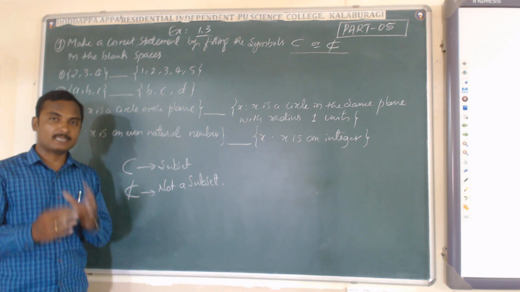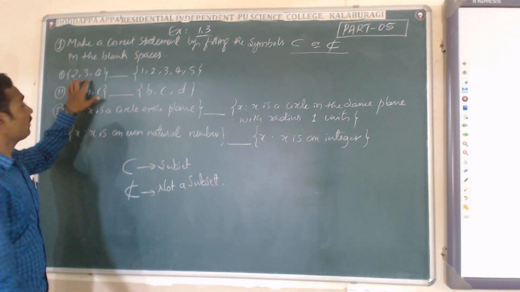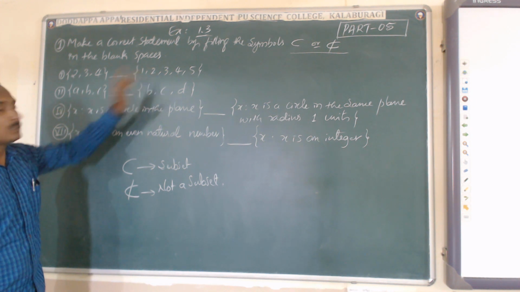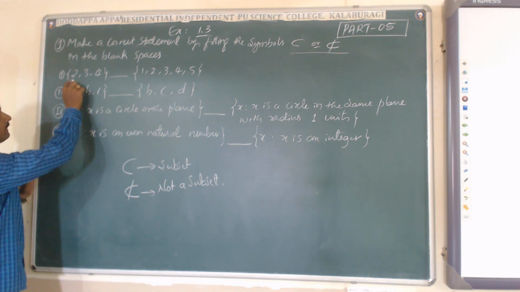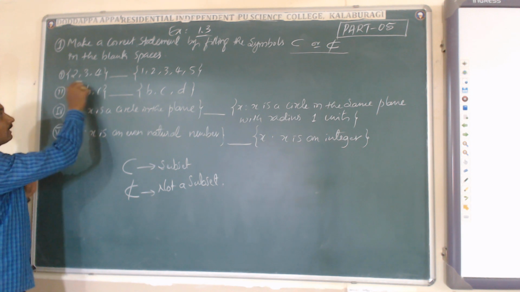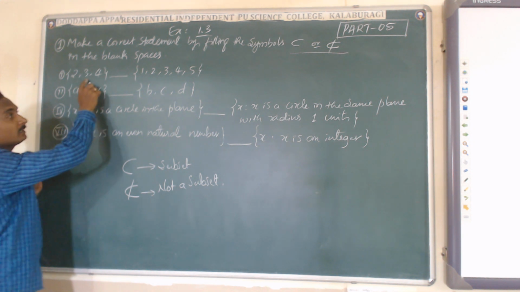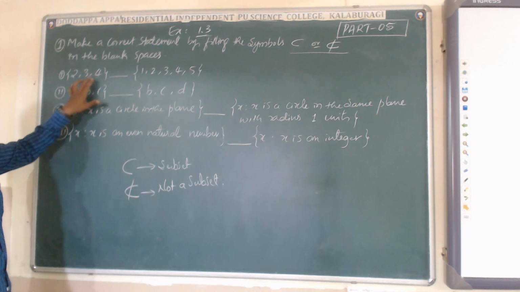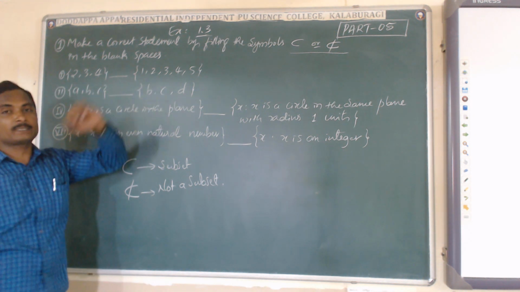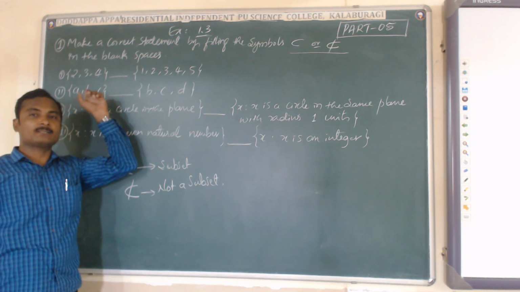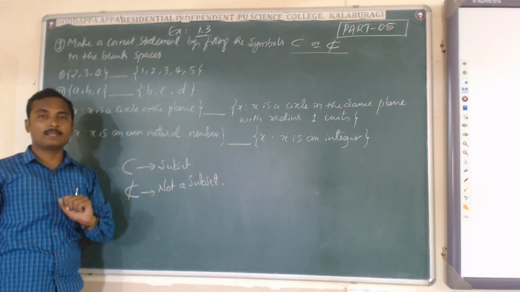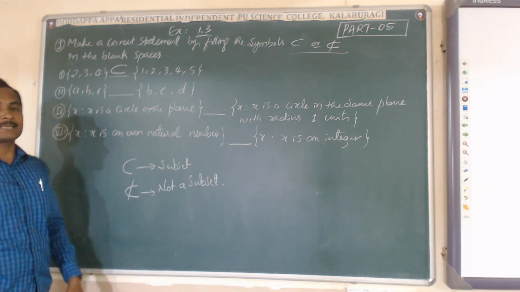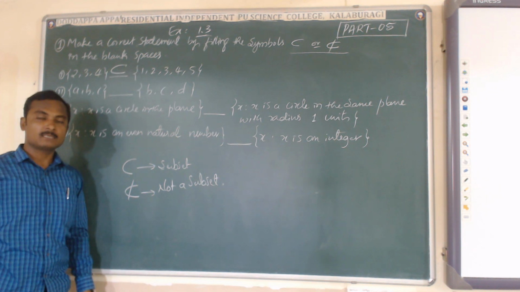So you have to observe whether each element of this set belongs to the second set or not. Check it out: 2, 3, 4. Yes, each element of this set belongs to the second set. It means the first set is a subset of the second set.